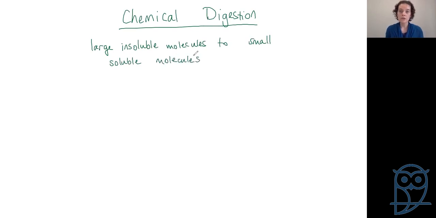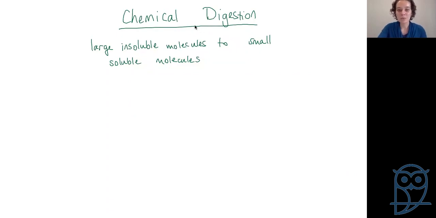We've got all this food inside our digestive system, but we have to be able to get it out and into our bodies in order to be able to use it. So those large molecules, the starches and proteins, we can't get them out of the digestive system. We've got to break them down into something smaller, which we can then get into our body, which we can then take everywhere else, which we're going to talk about in absorption. So I'm not going to digress.